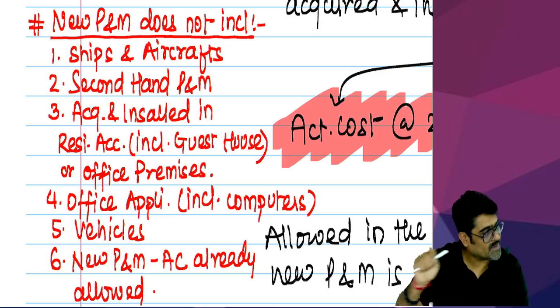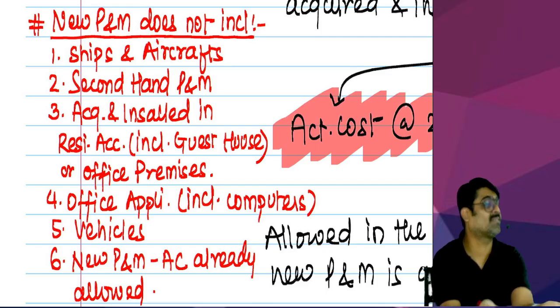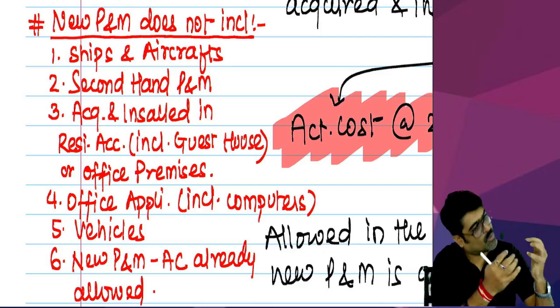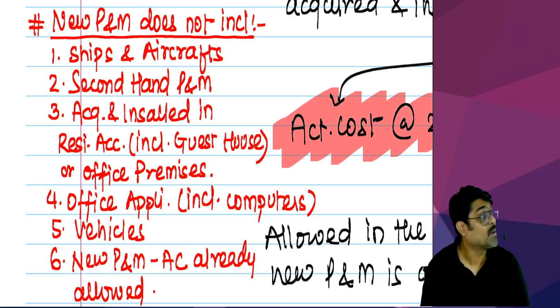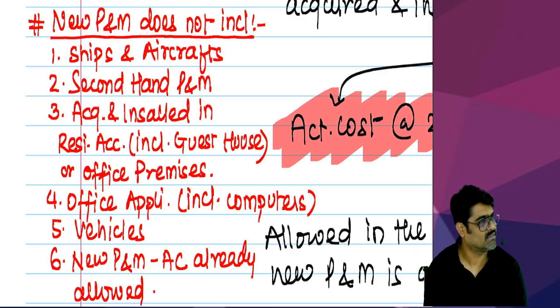So will you get any depreciation on them? Yes. They are used in your business, so you are going to get normal depreciation on them. But for additional depreciation they are ineligible. Number one, ships and aircrafts.